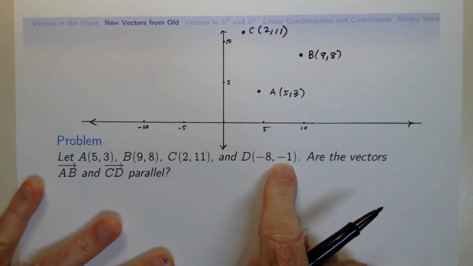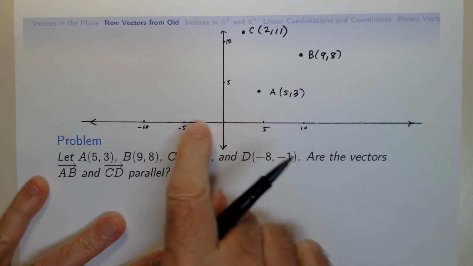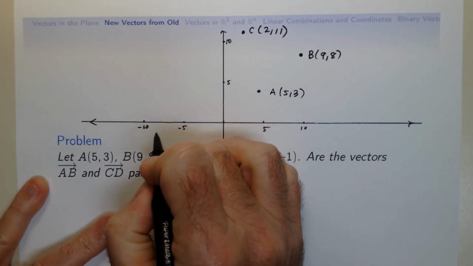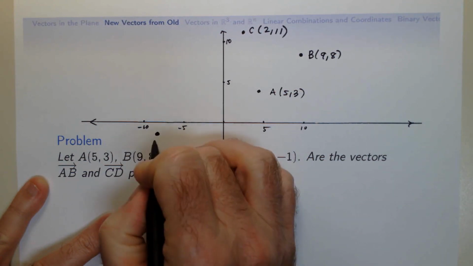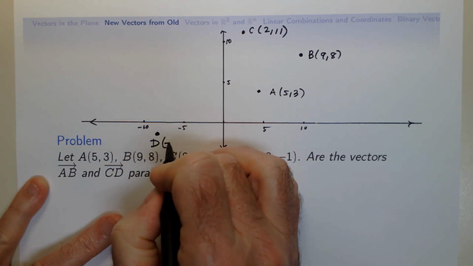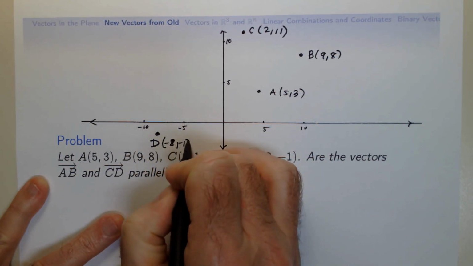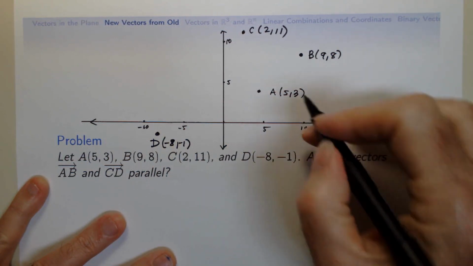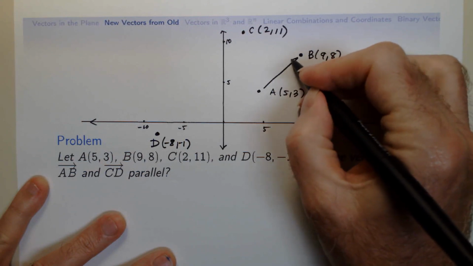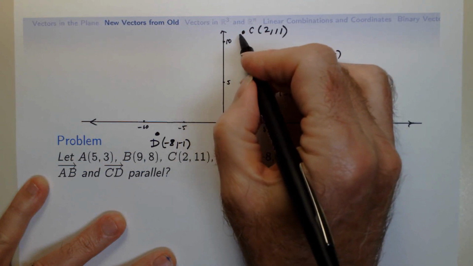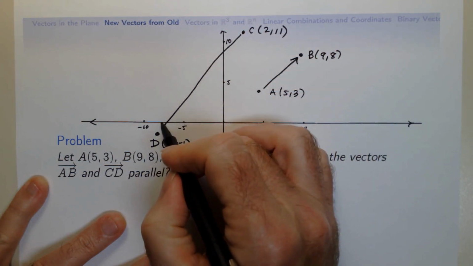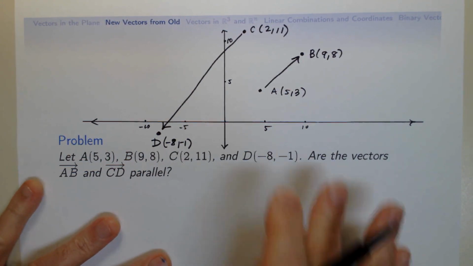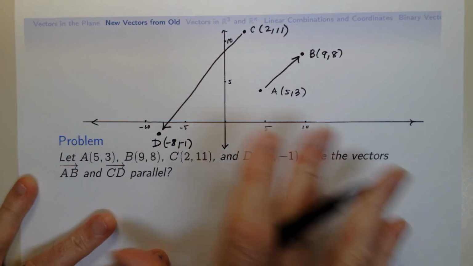And then D is going to be at -8, -1. -8, -1 will be roughly in this vicinity. Okay, so the vectors we're looking at, there's one vector that goes from A to B. And then there's another vector that goes from C to D. Now, we haven't drawn this picture perfectly, but it's pretty close.